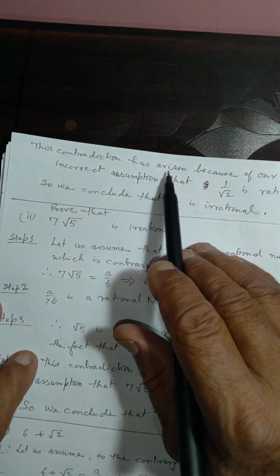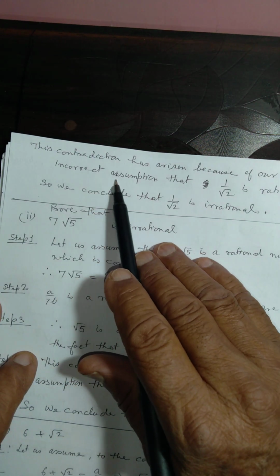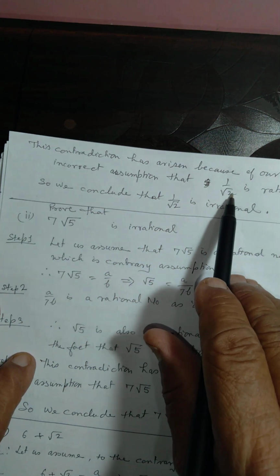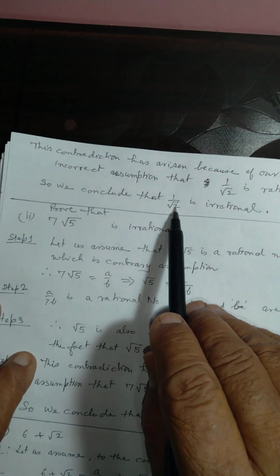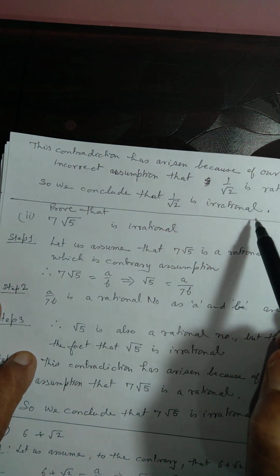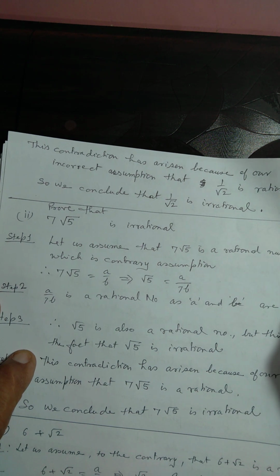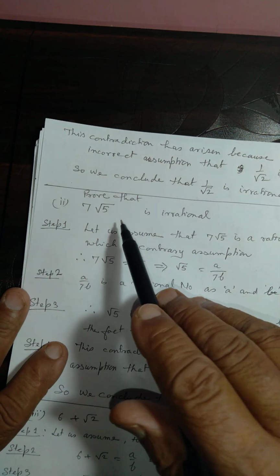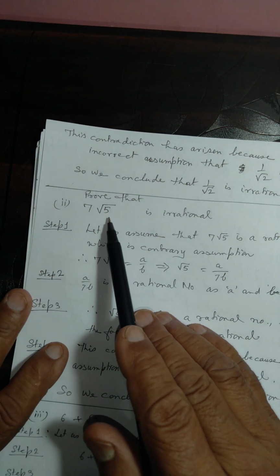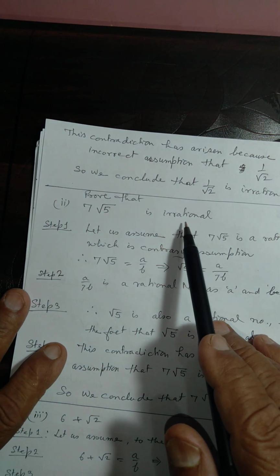This contradiction has arisen because of our incorrect assumption that 1 upon root 2 is rational. So we conclude that 1 upon root 2 is irrational. Now, for the second part, prove that 7 root 5 is irrational.